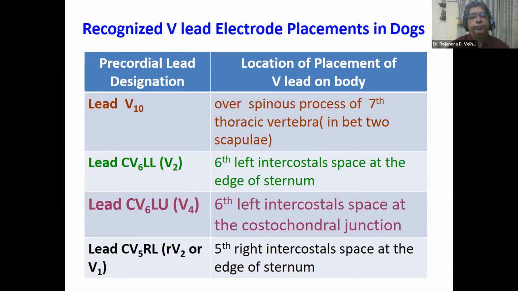Then CV6LU, left side 6th intercostal space at the costochondral junction. And lastly, CV5RL, that is the right side 5th intercostal space at the edge of the sternum. So these are the 4 locations at which the V leads are recorded in dogs, and these are their respective placements.